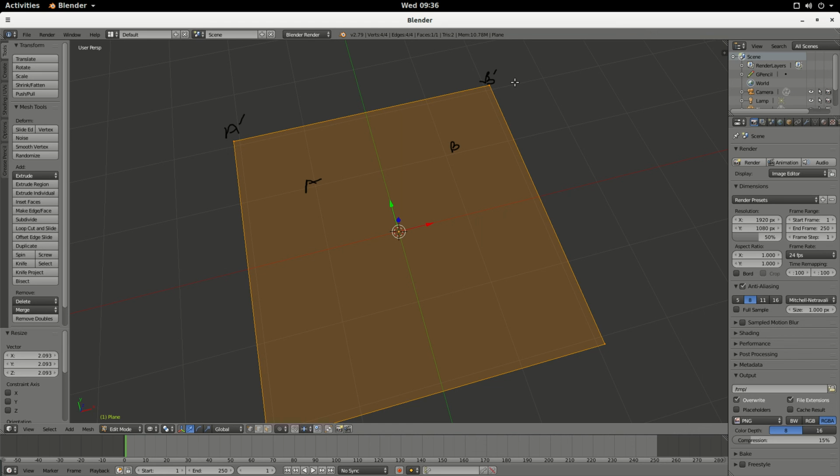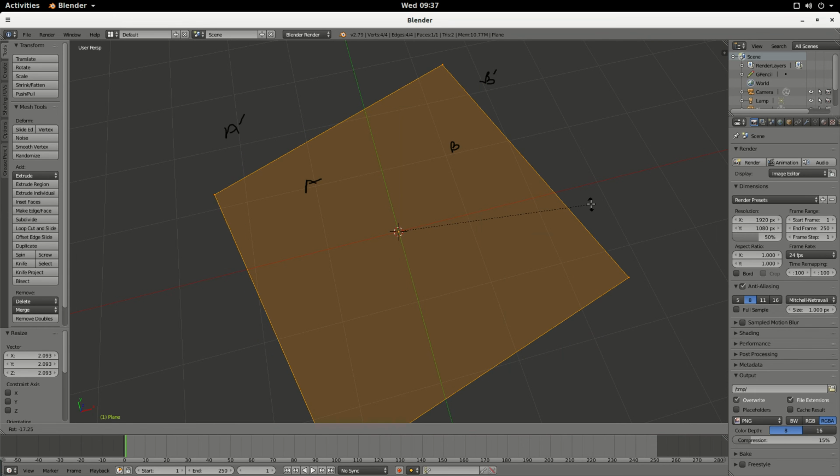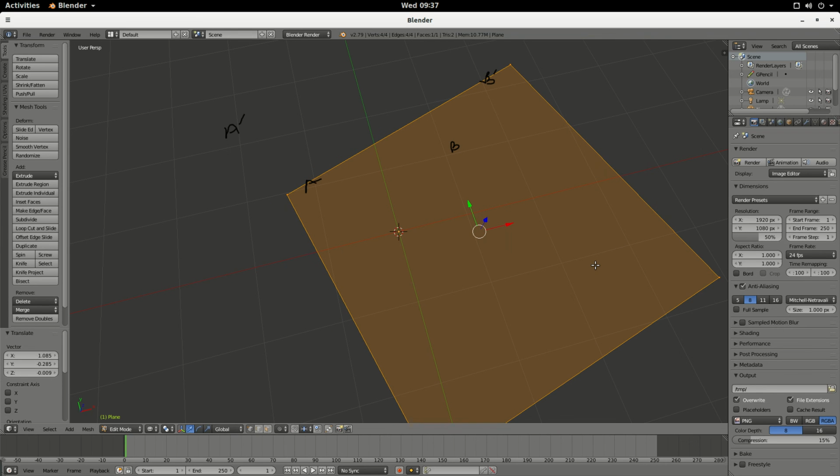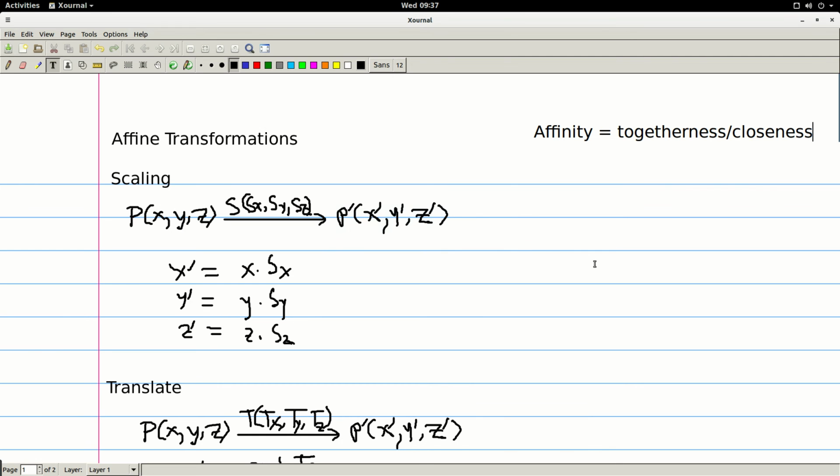So they will maintain the affinity between them. Scaling doesn't destroy the affinity, neither does rotation, neither does translation. So all these three transformations maintain the affinity. That's why they're called affine transformations.